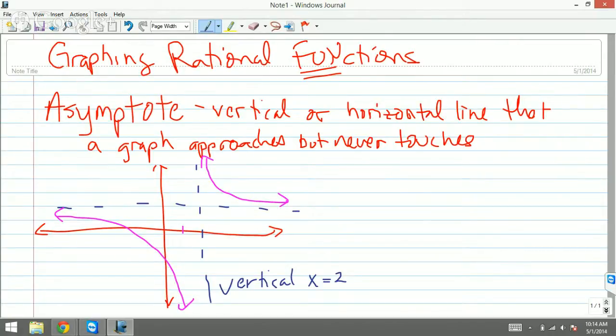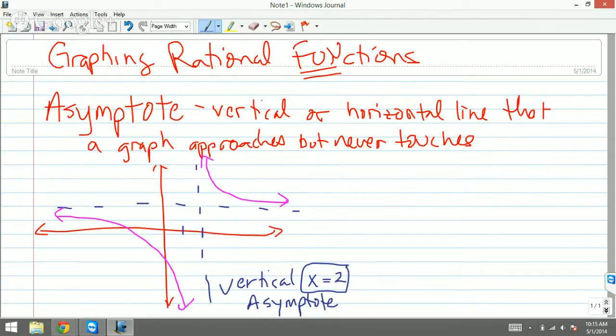Are we ready? Okay. So the purple is the graph. It never touches the dashed blue lines. Those are called asymptotes. So this is a vertical asymptote. And the equation of that vertical line is x equals 2 because it's at 2 on the x-axis.